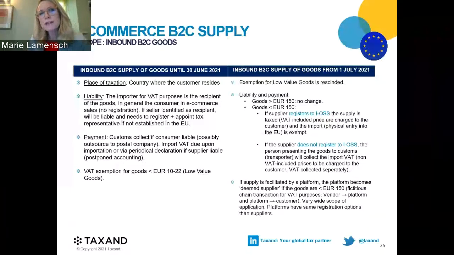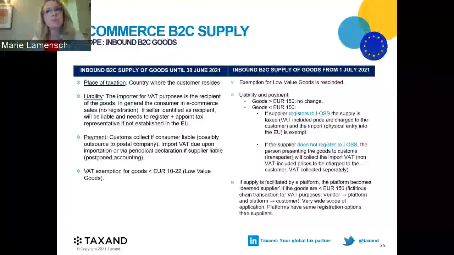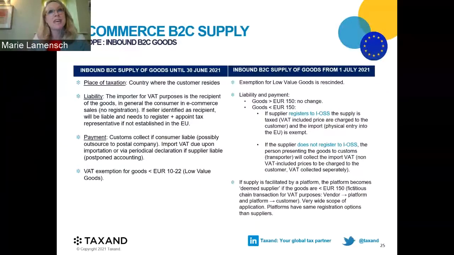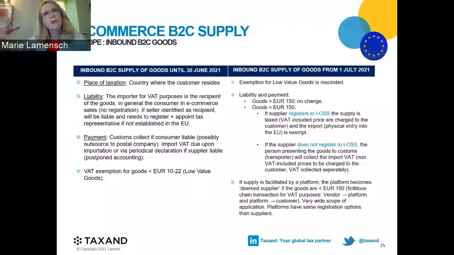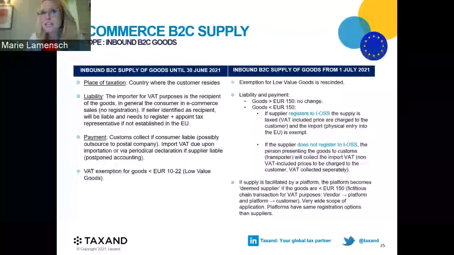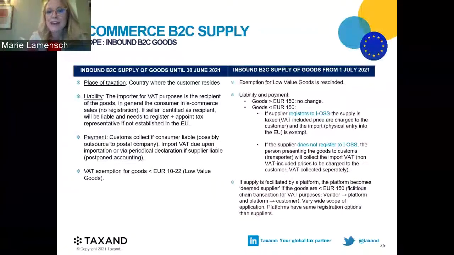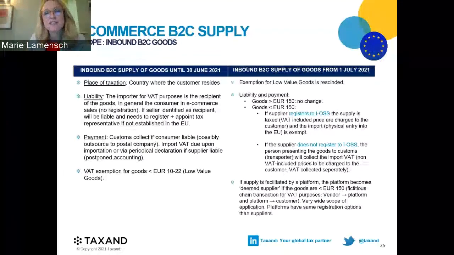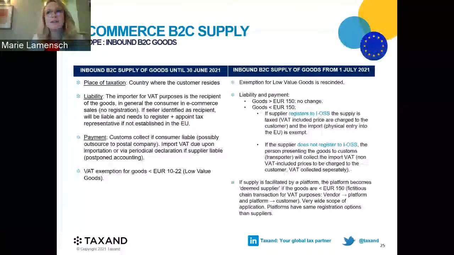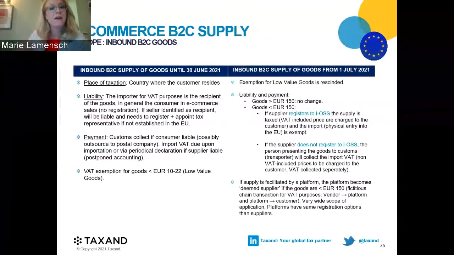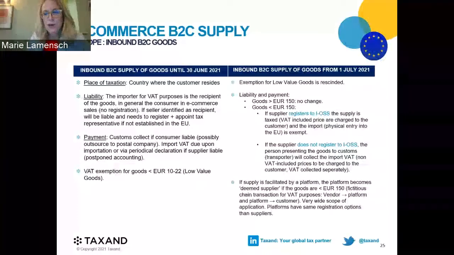Quickly on the current system, you may be aware that if you are selling goods to customers in the EU and the goods are shipped from a non-EU country into the EU, there is an exemption of VAT if this is a low-value good, meaning below 22 euro. And you are probably also aware, if this is your business, that in most situations you don't have to register as a seller because the customs are going to take care of collecting the import VAT when it is due.